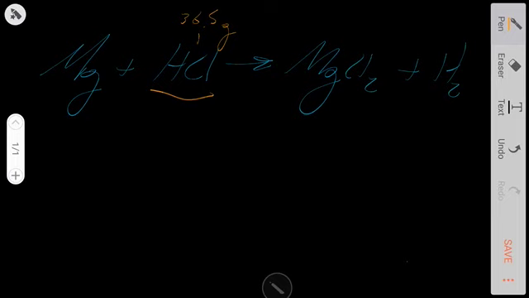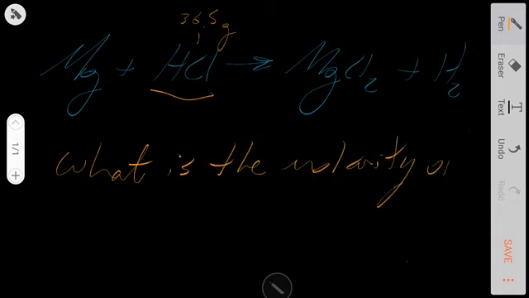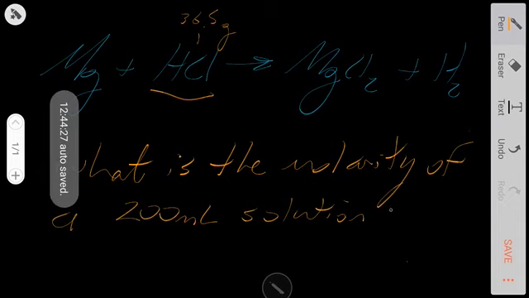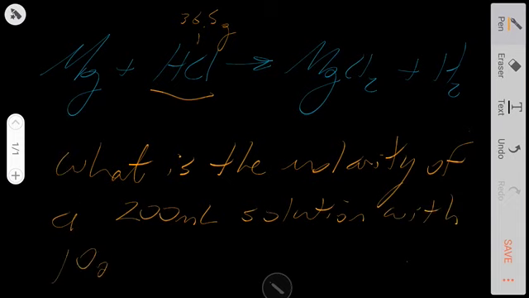Try this one now. What is the molarity of a 200 milliliter solution with 10 grams of magnesium?